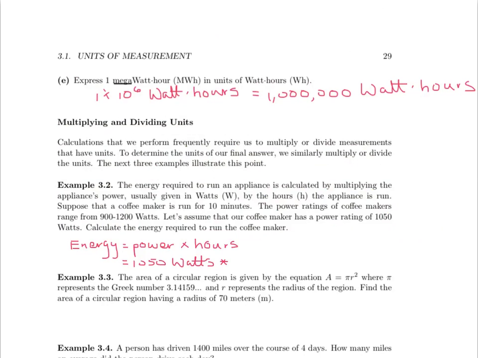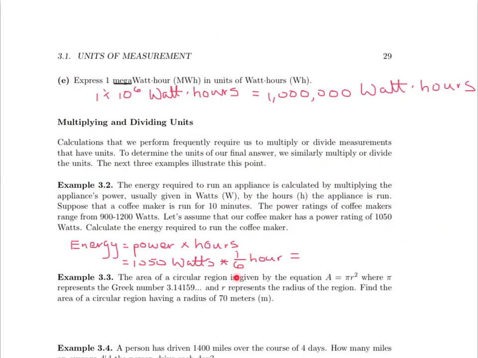We need to express the 10 minutes in terms of hours. 10 minutes is 1/6 of an hour. So I'm going to go ahead and write 1/6 of an hour. So we need to multiply these two numbers, 1,050 by 1/6.